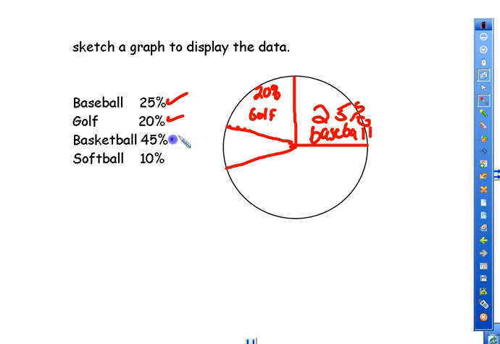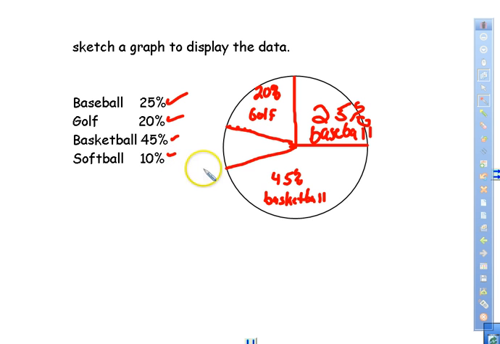And that would be 45%, basketball. The difference, what should be left over, is about 10%. If we recall, our line going through here was taking 5% off, and that's taking 5% off, which gives me a total of 10%. So there is my softball.